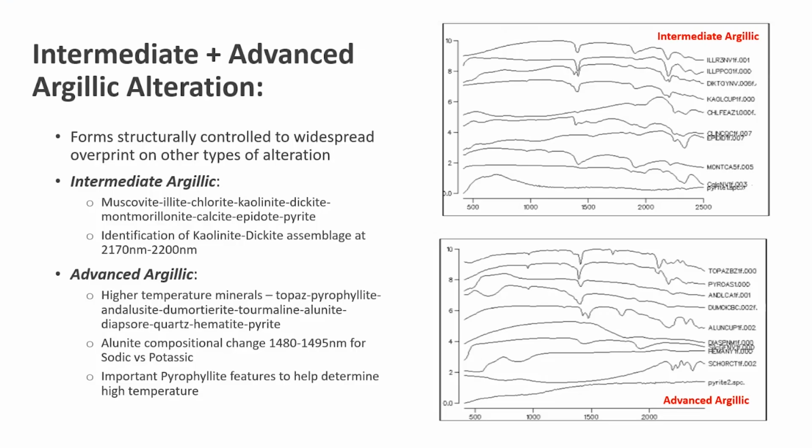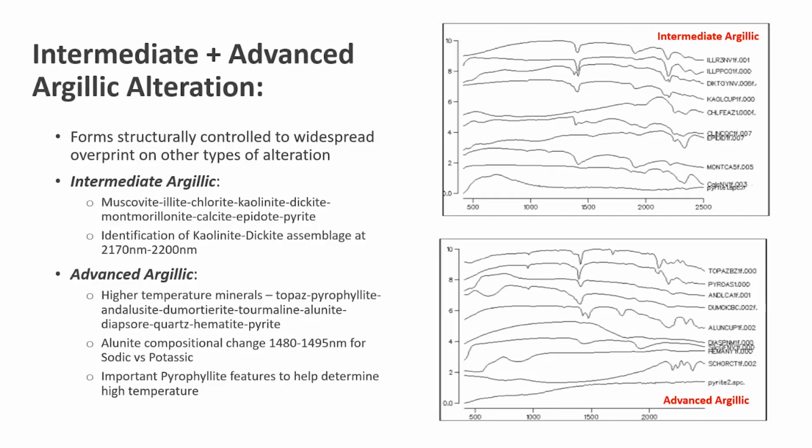So intermediate and advanced argillic alteration often overprints other zones, so understanding your position in the deposit is critical. Spectrally, kaolinite and dickite are tracked using a 2170 to 2220 nanometer feature for intermediate argillic zones.